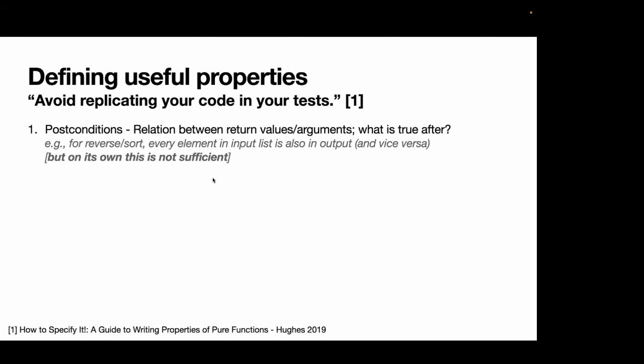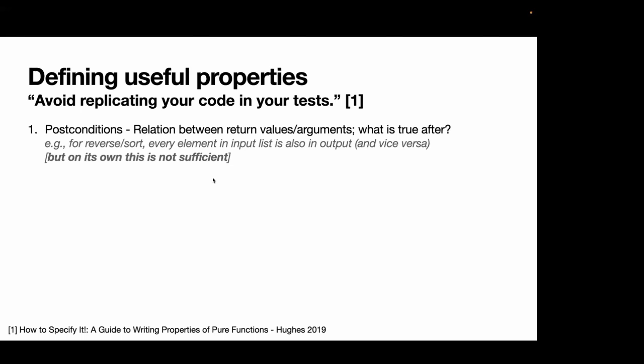They shouldn't be creating new values. And vice versa, everything that's in the input list should also be in the output list, just in a different order. And you could say that for things like sorting functions as well. So that's a relationship between something about the output and something about the input in both ways. So that can be very helpful.